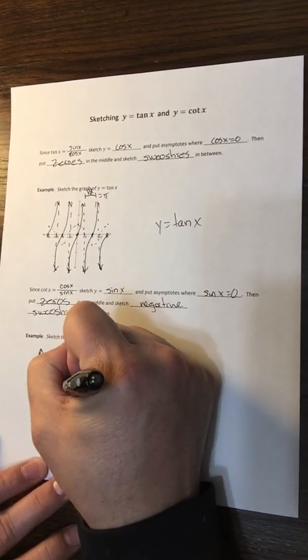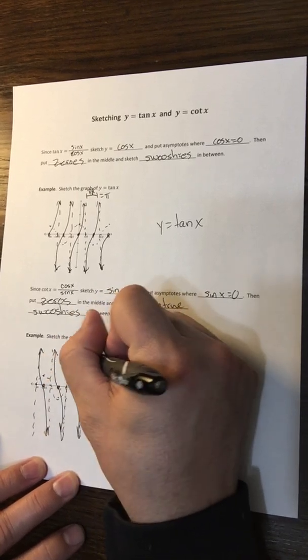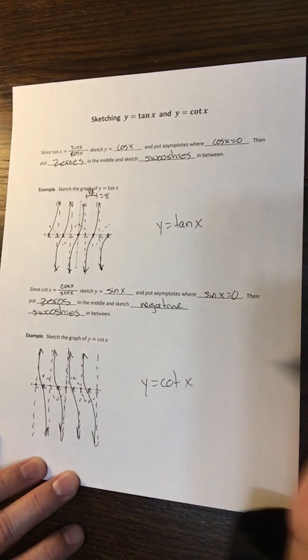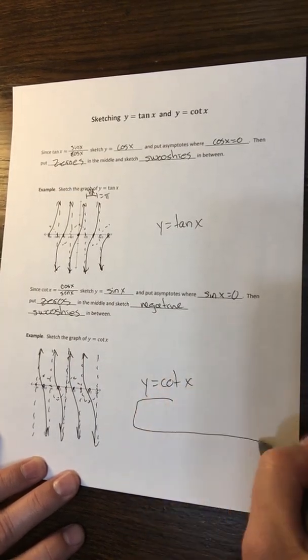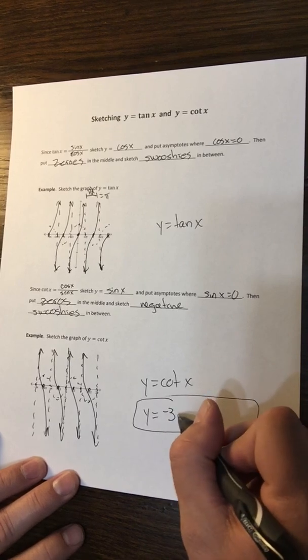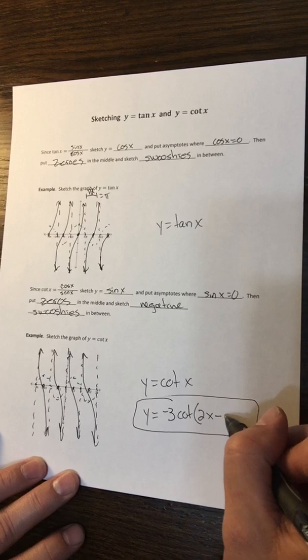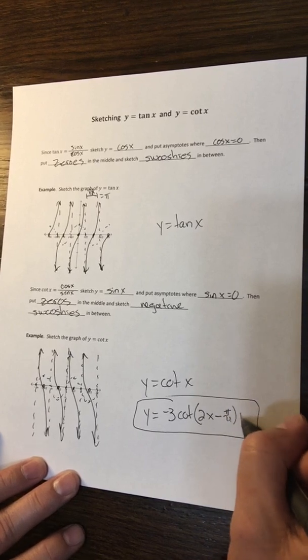That's the cotangent function. If we had more days, guys, we would experiment more with stuff like this. Ready? What if I wanted to graph y equals negative 3 times the cotangent of 2x minus pi over 4 plus 6?